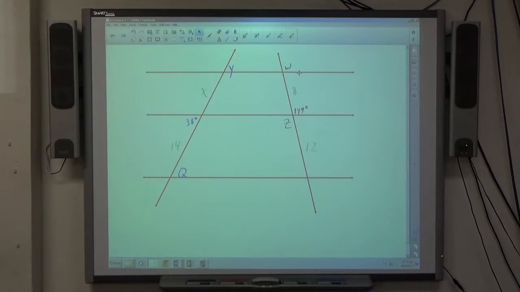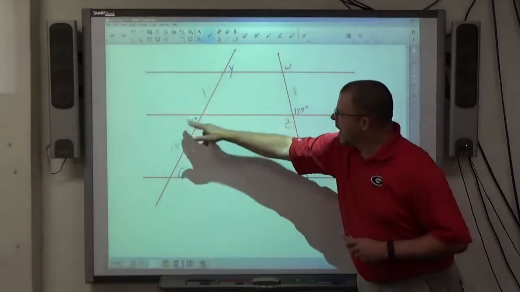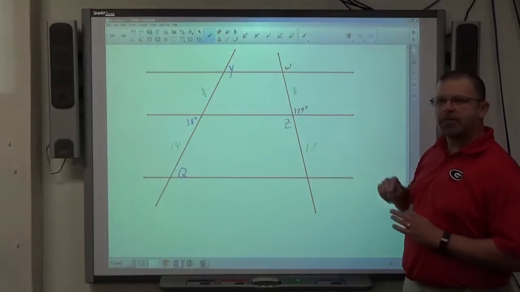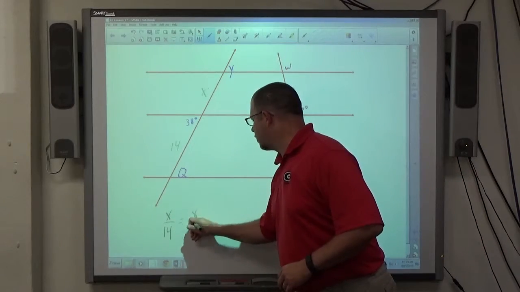Pick out things that affect each other. Everything in green, x, 14, 8, and 12 are all segment measures based on the transversals inside the parallel lines, right? So the green stuff has properties to it. And the property with that is that this fraction, x over 14, is equal to that fraction, 8 over 12. So I would write x over 14 equals 8 over 12.